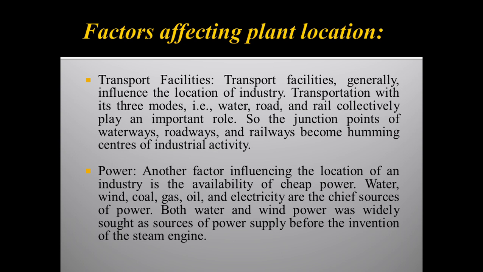During the 19th century, nearness to coal fields became the principal locating influence on the setting up of new industries, particularly heavy industries. With the introduction of other sources of power like electricity, gas, oil, etc., the power factor became more flexible, leading to dispersal and decentralization of industries.